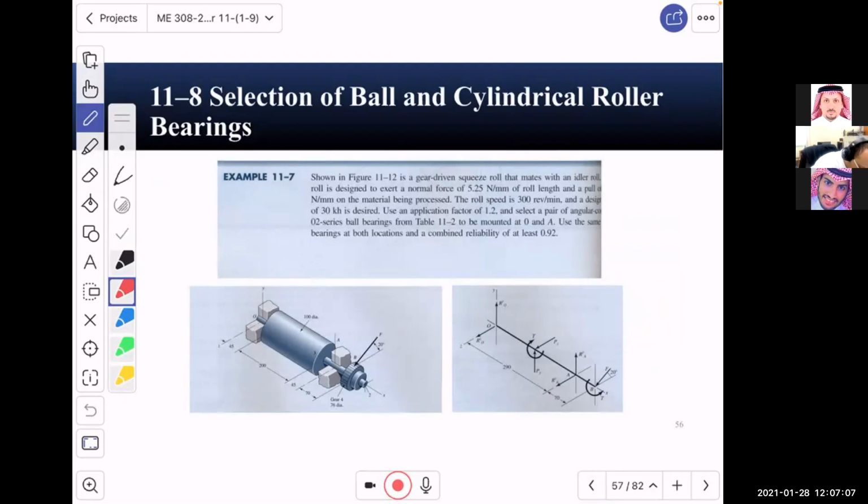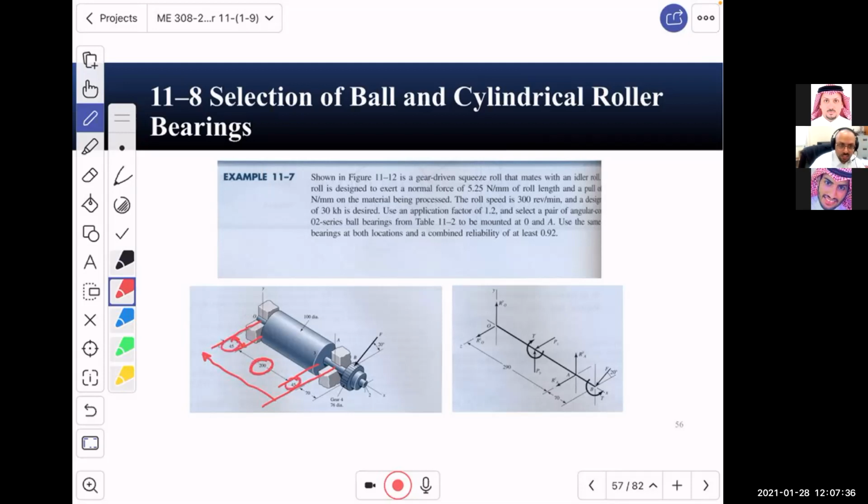I want you to remember, the roller here is 200. If you want to go to the location of the bearings, you need to add 45 to the left bearing. If for any reason you want the distance from bearing A all the way to the other bearing O, then you need to add 45, 45, and 200.